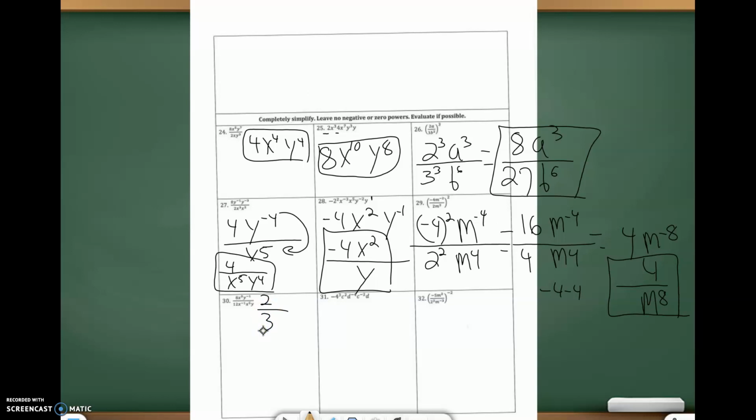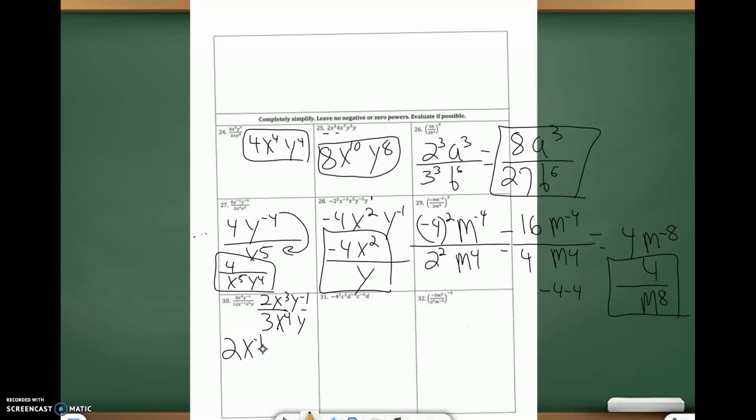Okay, then we have x cubed, y negative 1. I'm just rewriting it because I'm going to do the subtraction rule now, right? So we got 2. Well, 3 minus 4 would be -1, right?